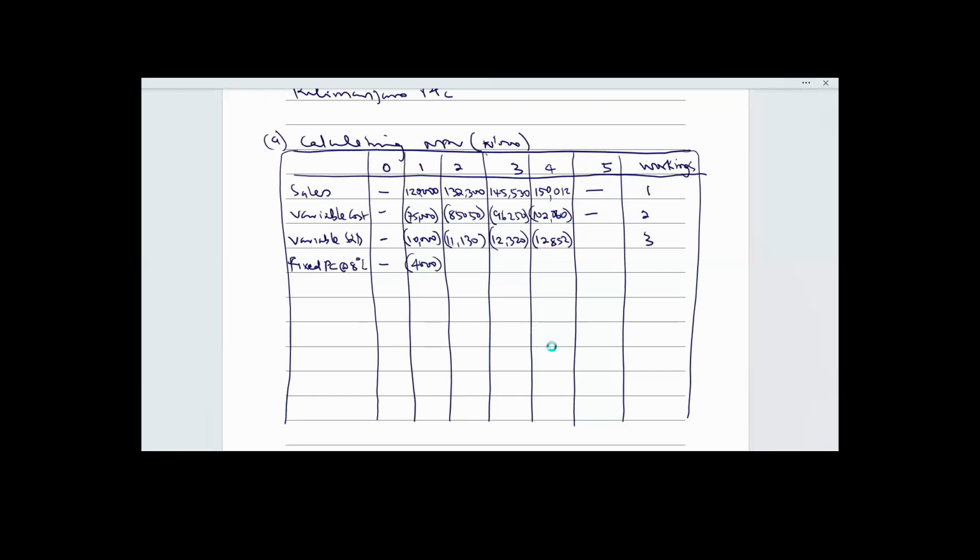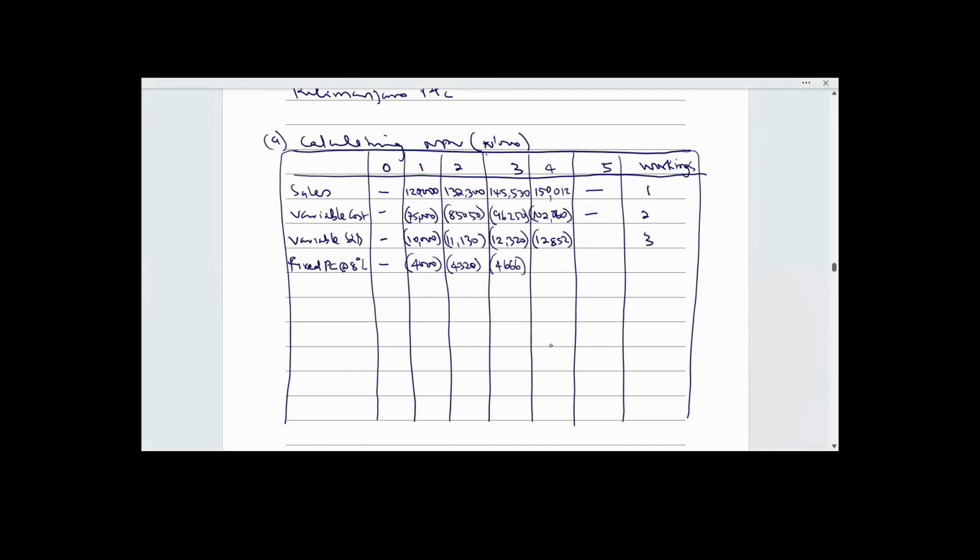So I bring out my calculator: 4,000 multiplied by 1.08 equals 4,320. 4,320 multiplied by 1.08 equals 4,666.